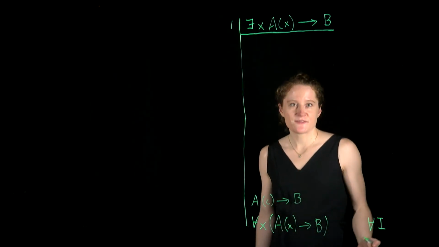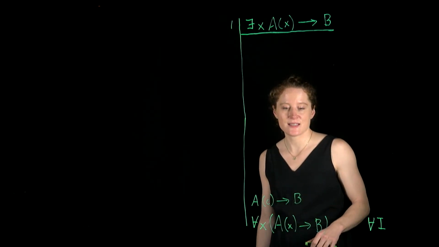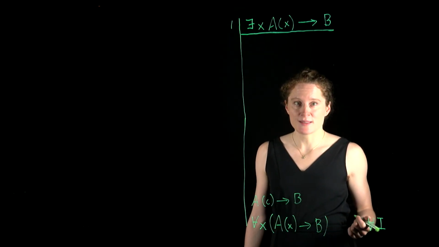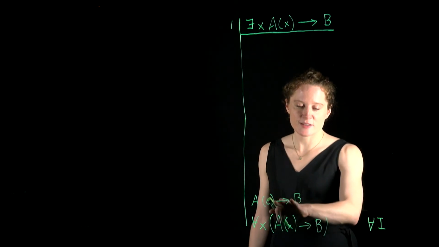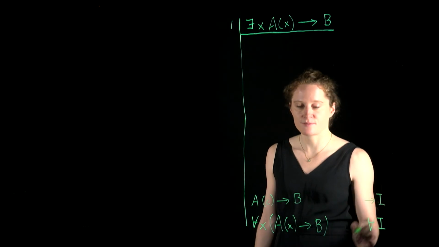So that shifts our goal a little bit. Now I'm trying to prove that if AC, then B. And I'm going to use backward planning once again to continue to develop my proof. Backward planning suggests to prove this sentence using conditional introduction.